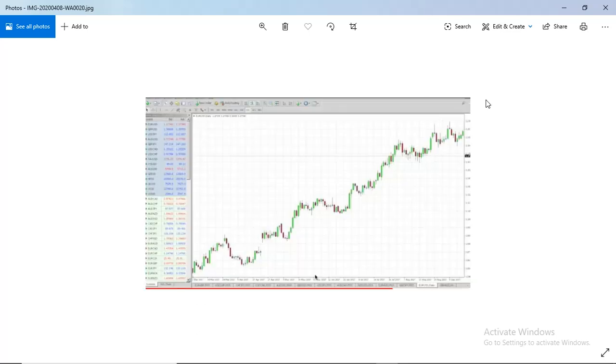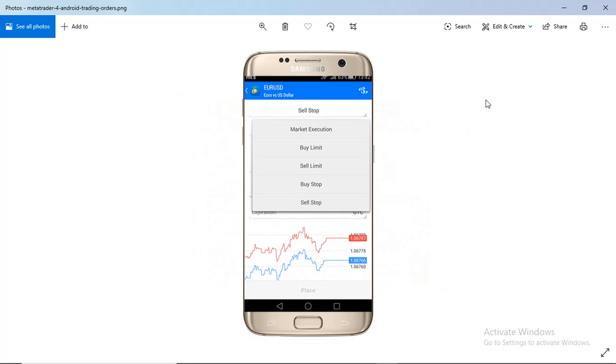It gives you a sell stop, or it gives you a market buy limit or sell limit, buy stop or sell stop. That is what it gives you.